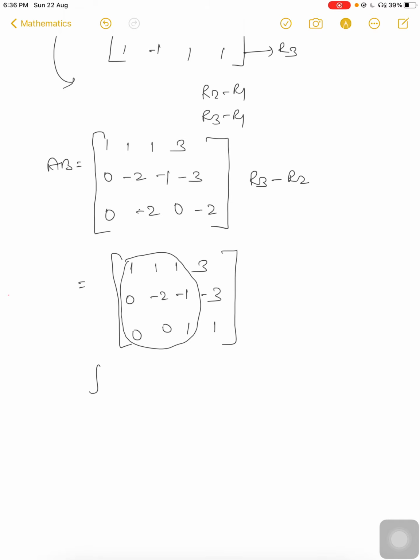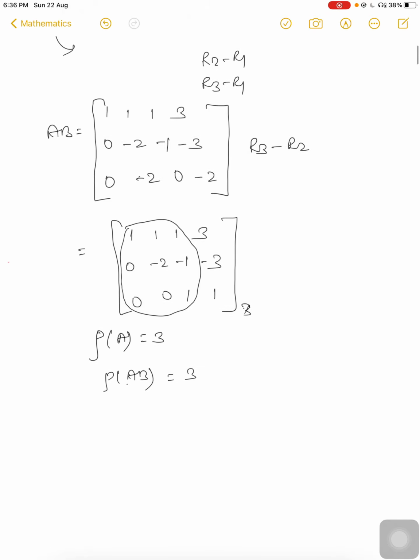When you take A, the rank of A will be 3, because the determinant of the 3 by 3 matrix is not 0. So the rank of A is 3, and the rank of AB also becomes 3, because it is a 3 by 4 matrix and the maximum rank is 3.